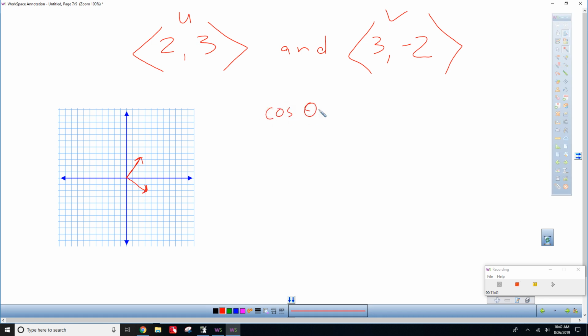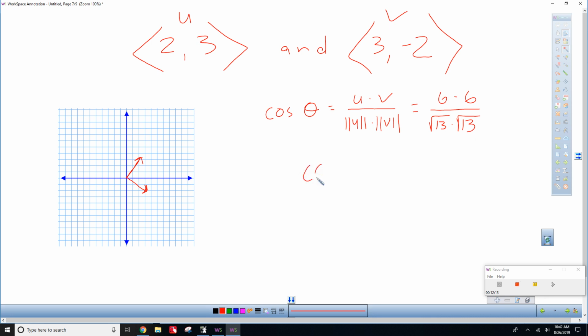Cosine of theta is U dot V over the magnitude of U times the magnitude of V. All right, U dot V. So that's going to be 2 times 3 is 6. 3 times -2 is -6. Magnitude of U is 4 plus 9, so it's radical 13, times radical 13 for the other one.